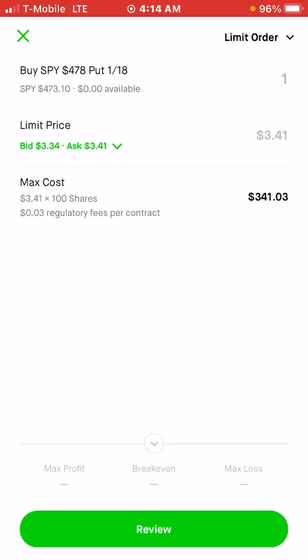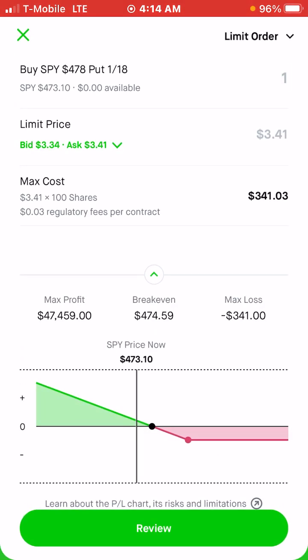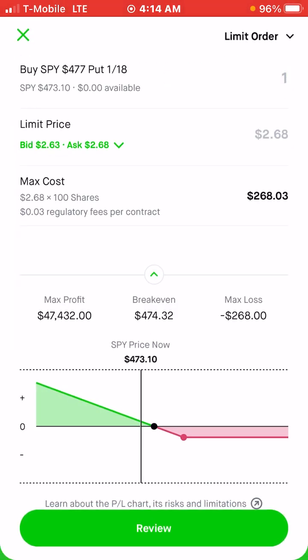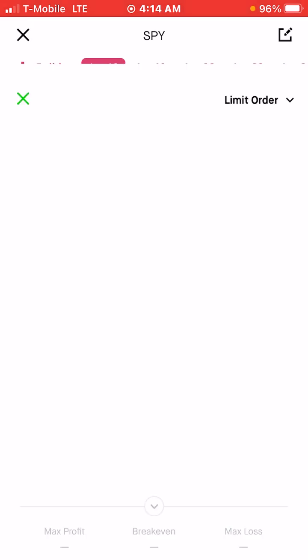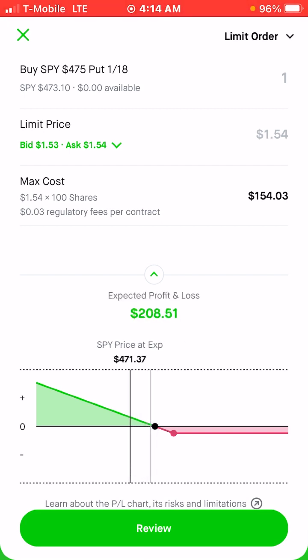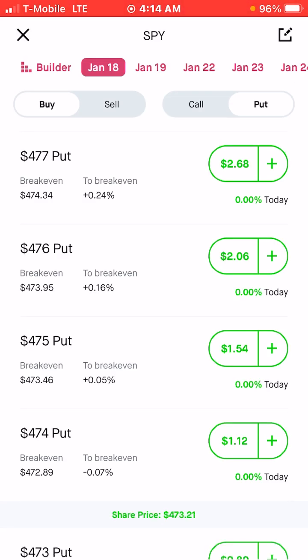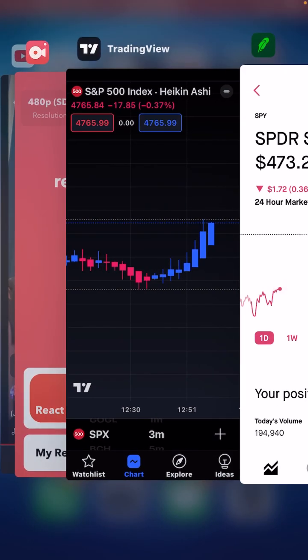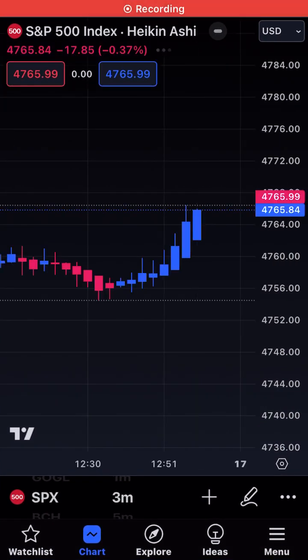So what I do is try to get as close to that dot as possible. Right now I can get it for very cheap, like right there would be a good one. You just write it out right there, and you can make your money doing it that way. But you've got to watch the candles.